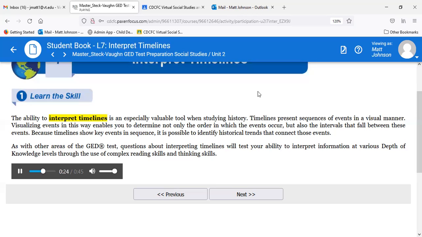Because timelines show key events in sequence, it is possible to identify historical trends that connect those events. As with other areas of the GED test, questions about interpreting timelines will test your ability to interpret information at various depth of knowledge levels through the use of complex reading skills and thinking skills.